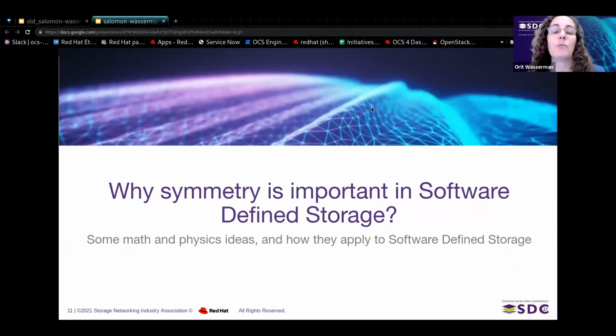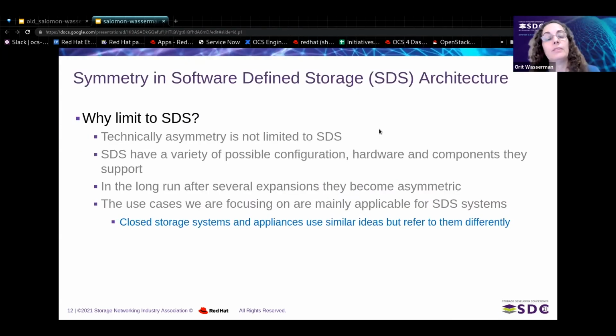So why do we care so much about symmetry in software-defined storage? First of all, symmetry is not limited to software-defined storage. It's relevant in any storage system. But I think in software-defined storage, it's more important. Software-defined storage has a variety of possible configurations that we support, different hardware, different components you can enable or disable.